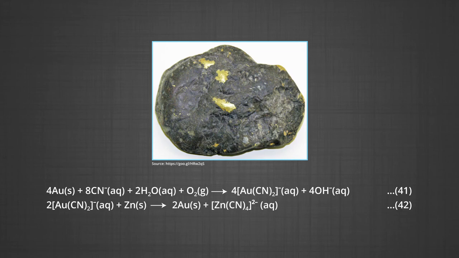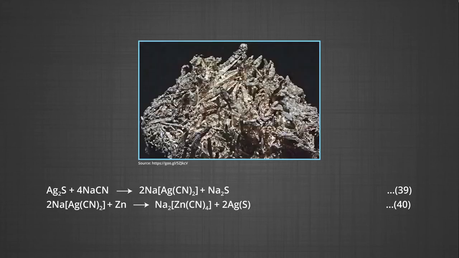The reaction is gold combines with cyanide and water in presence of oxygen to form a complex of gold cyanide plus hydroxide ions. The gold cyanide complex reacts with zinc to form gold and tetracyanozincate. Thus, in the same manner, silver is also obtained.